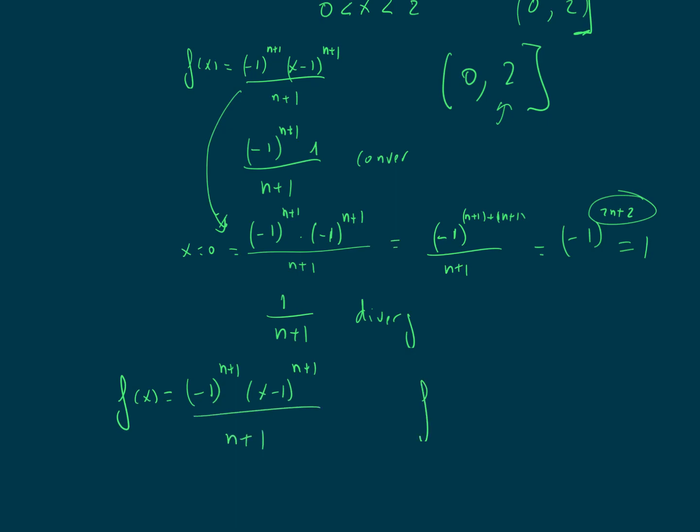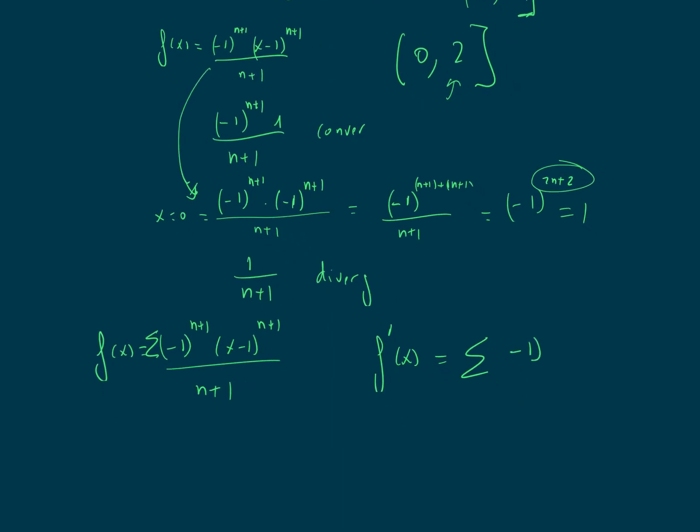What is the derivative of the function? It's the summation of (−1)^(n+1). So I need to do the derivative with respect to x. So it will be (n+1) multiplied by (x − 1) raised to the power n+1 minus 1, so n, divided by (n+1).